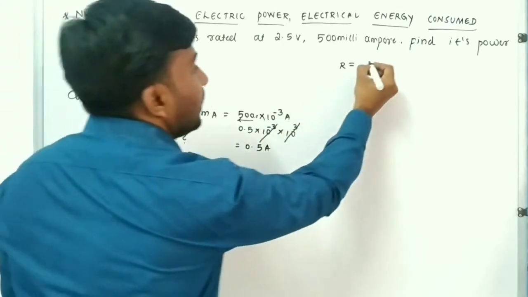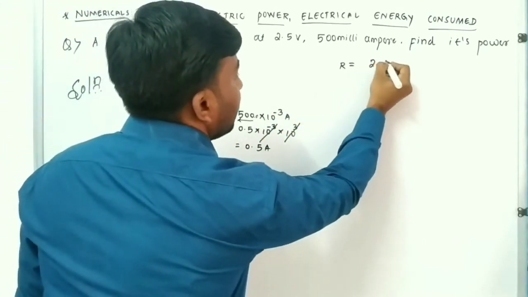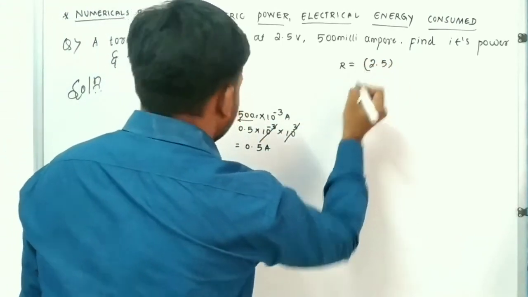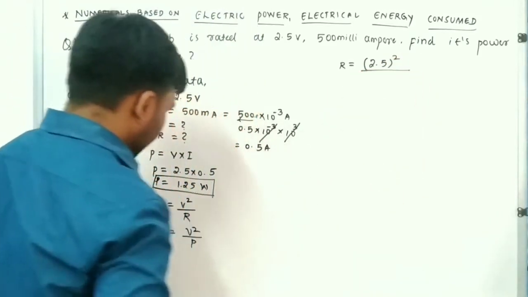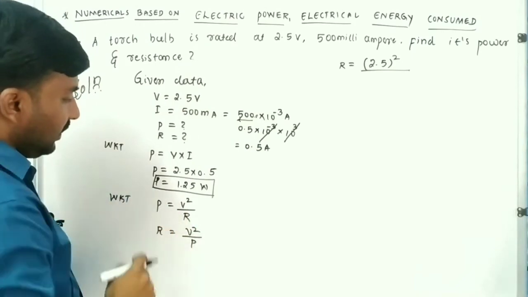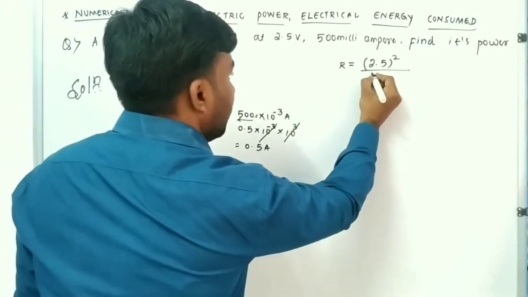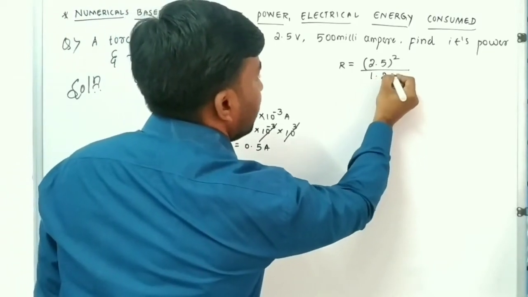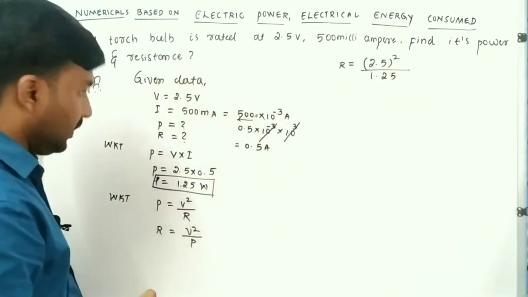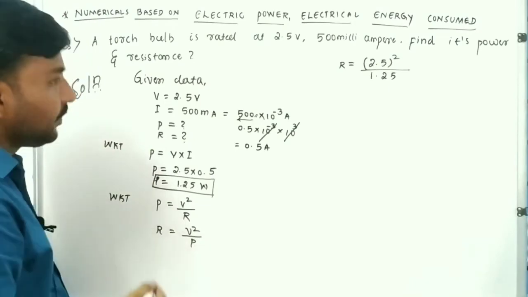It is 2.5 square divided by P, how much? It is 1.25, right?